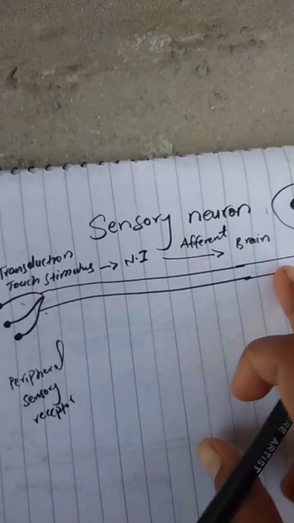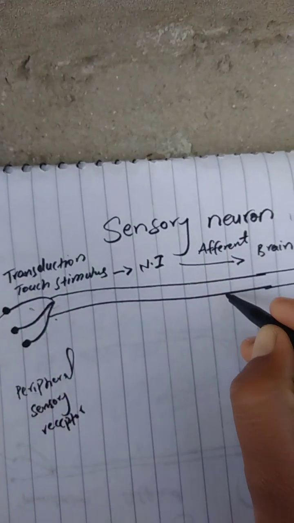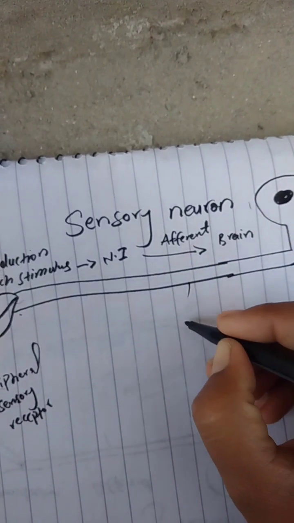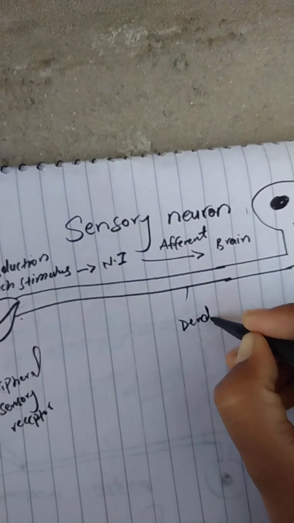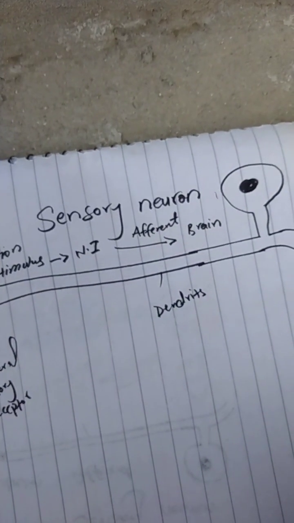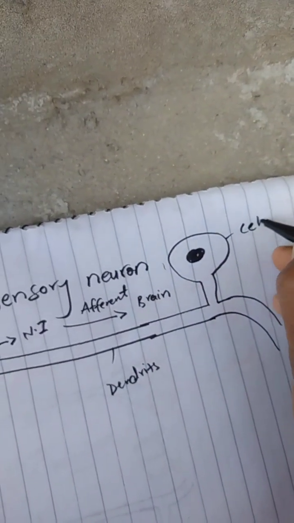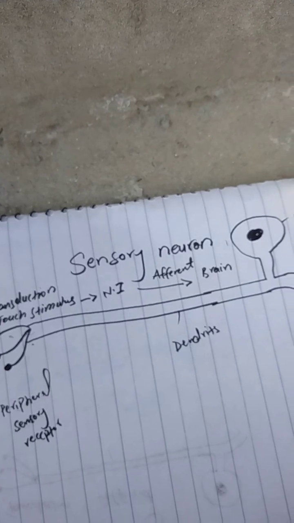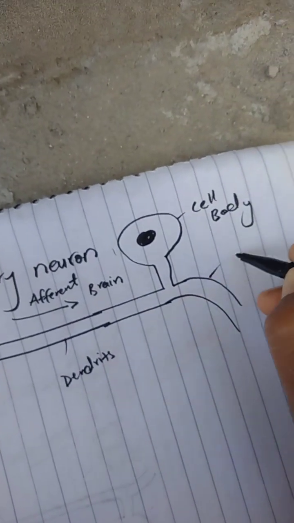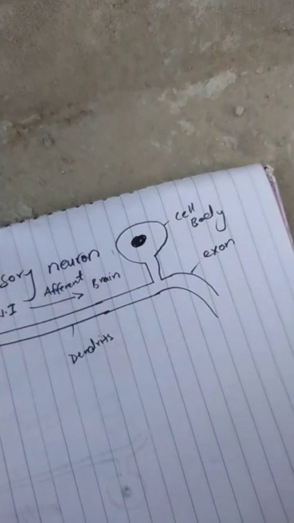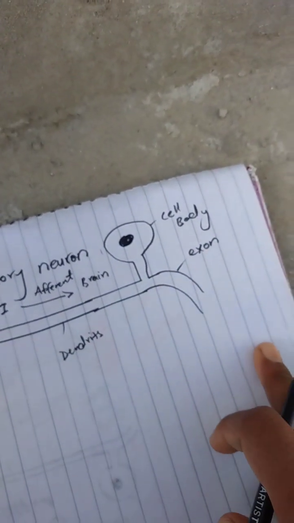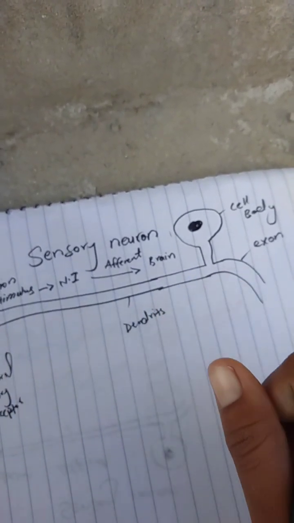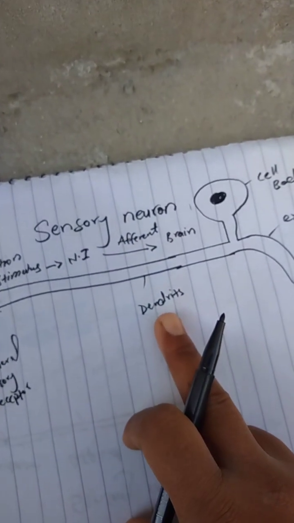A sensory neuron has long dendrites that carry nerve impulses toward the cell body. This is the cell body. And this is the axon, a short axon, that carries nerve impulses away from the cell body. So a motor neuron has a long axon and short dendrites, but a sensory neuron has long dendrites and a short axon.